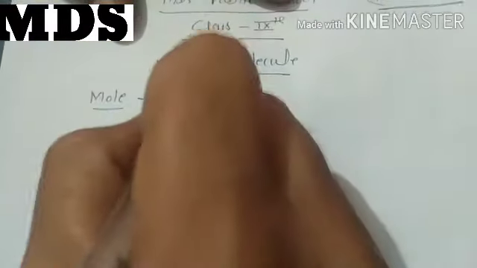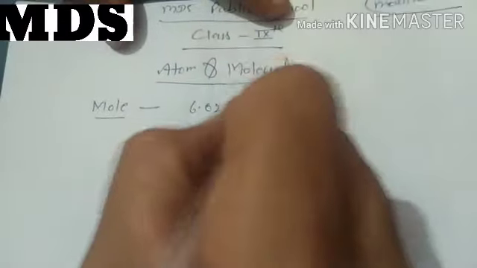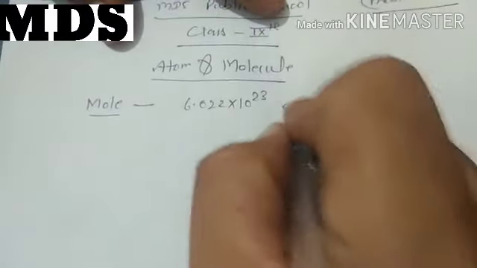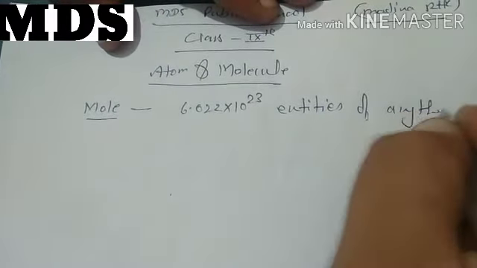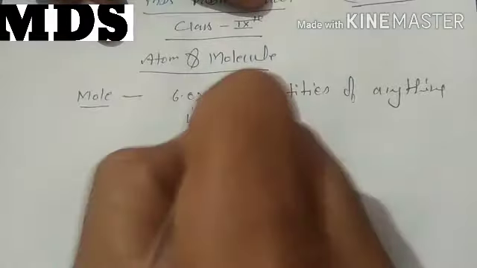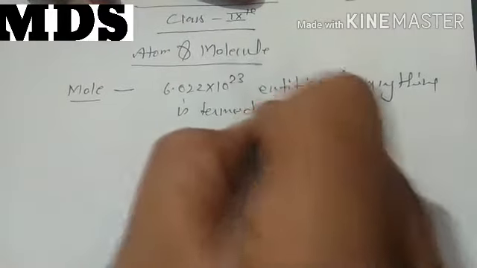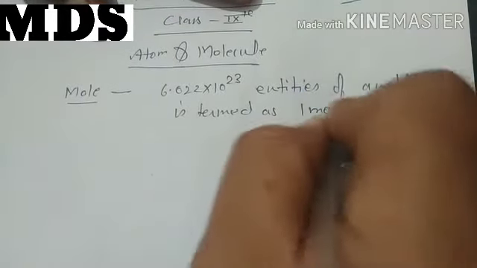That 6.022 into 10 raised to power 23 entities of anything is termed as 1 mole.